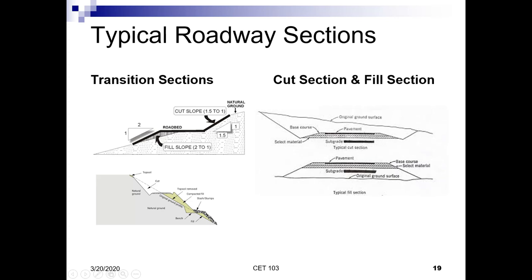The next section is what's called a fill section. If you notice, the original ground is down here, and in this situation, the proposed roadway construction would be setting above that existing ground. So this is what's called a fill section.